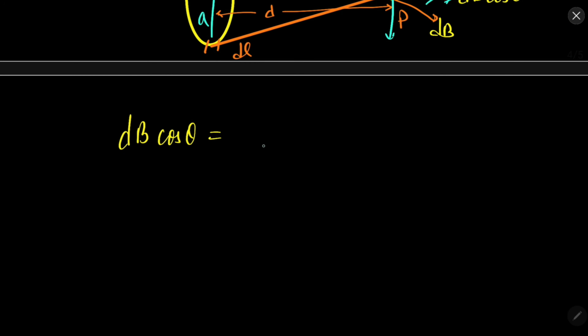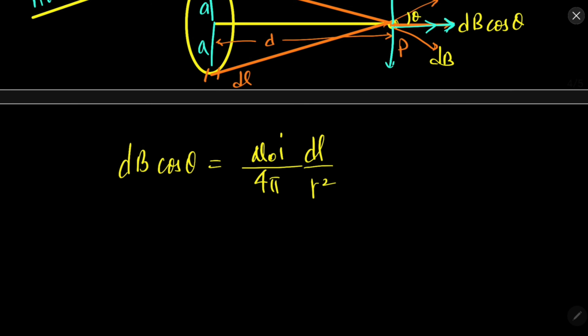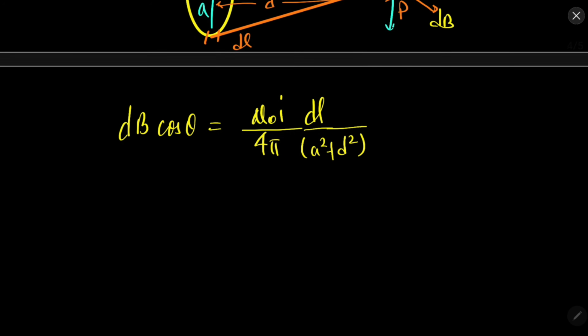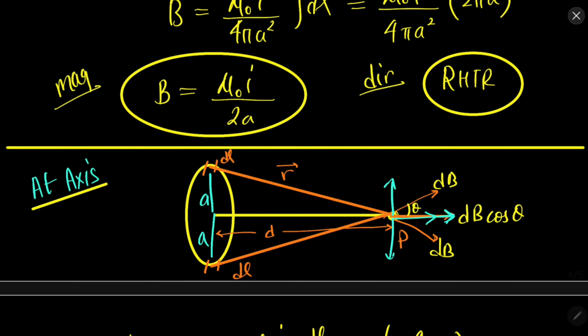So dB cos theta will be equal to mu naught I over 4 pi dl over r square, and r square can be written as a square plus d square by Pythagoras theorem, and cos theta is equal to a over root a square plus d square.